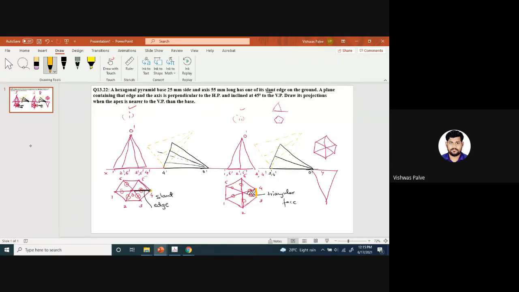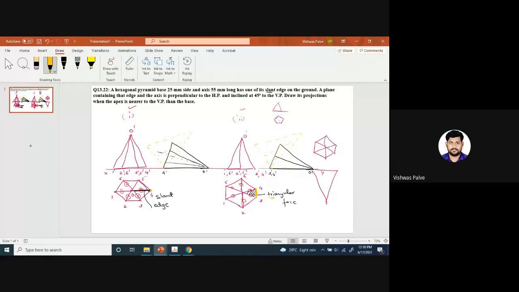Okay, so that is important, whether the condition is a corner resting condition or an edge resting condition. If you completely tilt this, then it will be resting on its triangular face. But if you tilt it with some angle, it is going to rest on its edge. And if you tilt this, it will be resting on its corner or a slant edge.